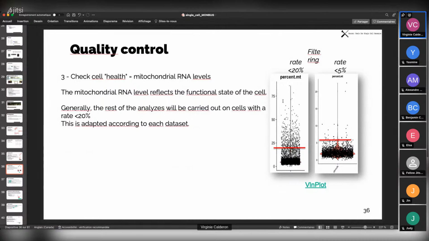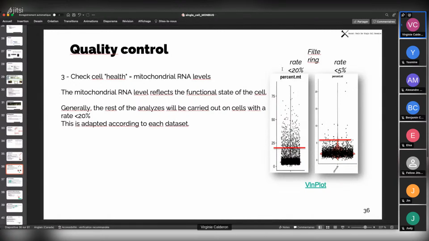The next step is to check the health of the cells. For that, we can use markers, and the markers are the genes from the mitochondria. We can use the level of RNA from the mitochondria to see if the cell is healthy or not. In this example, generally we will put a threshold.